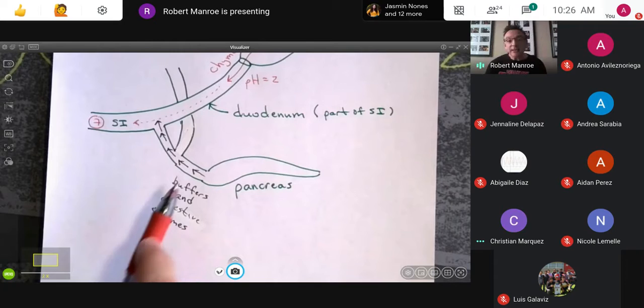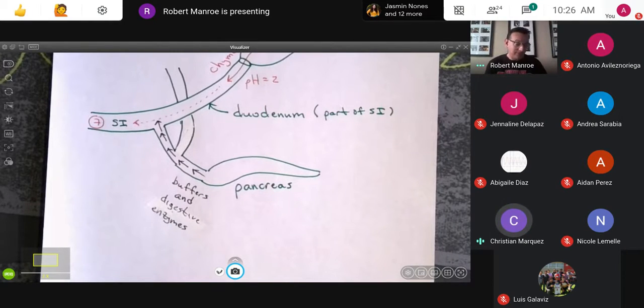Mr. Mano, yes. If the pancreas doesn't provide enough insulin, does it also not provide enough buffer? I don't know if those two things are related. That's a really cool question. I don't know. We should get a hold of a medical doctor and ask them that.